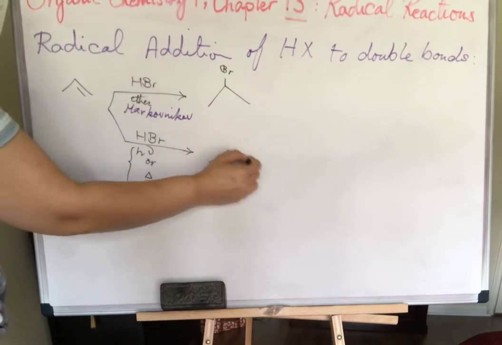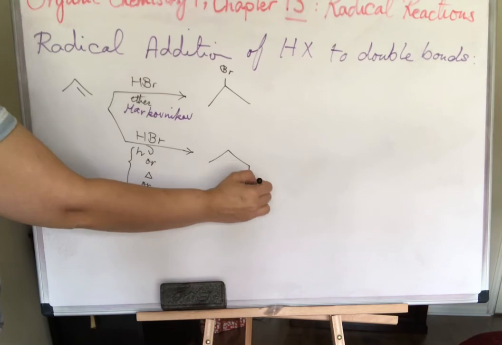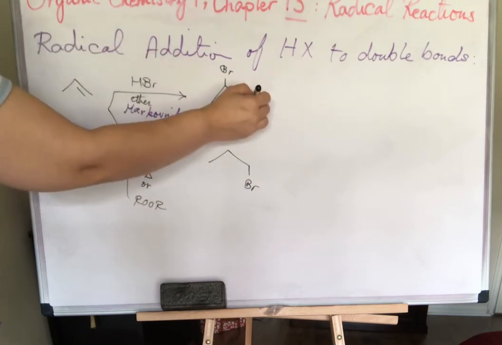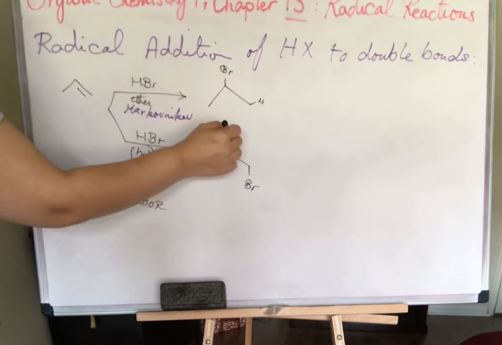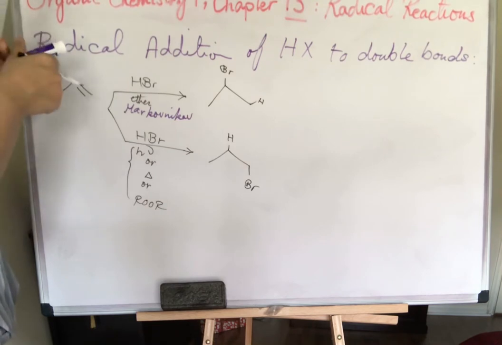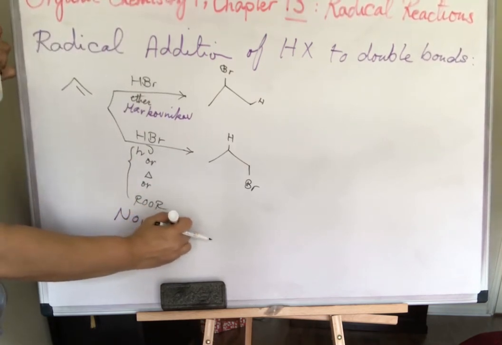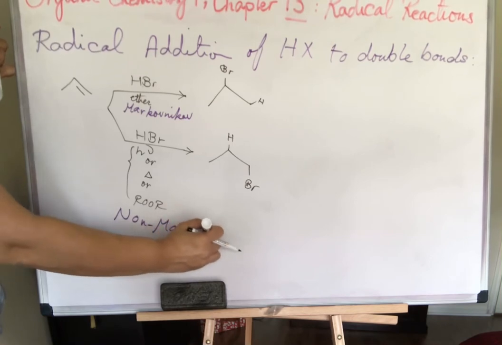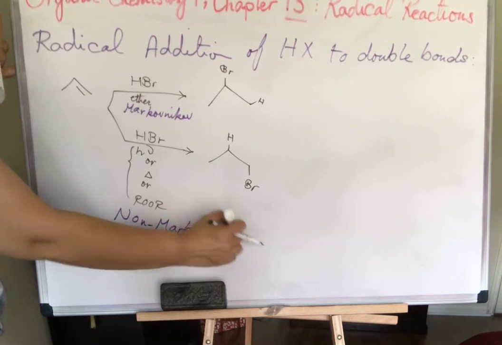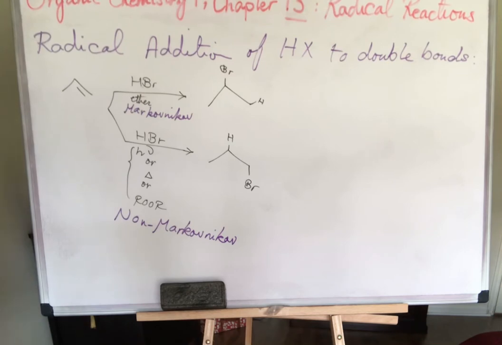So then this way you will end up having a non-Markovnikov product. So now you can be selective on the carbon you want the bromine to sit.